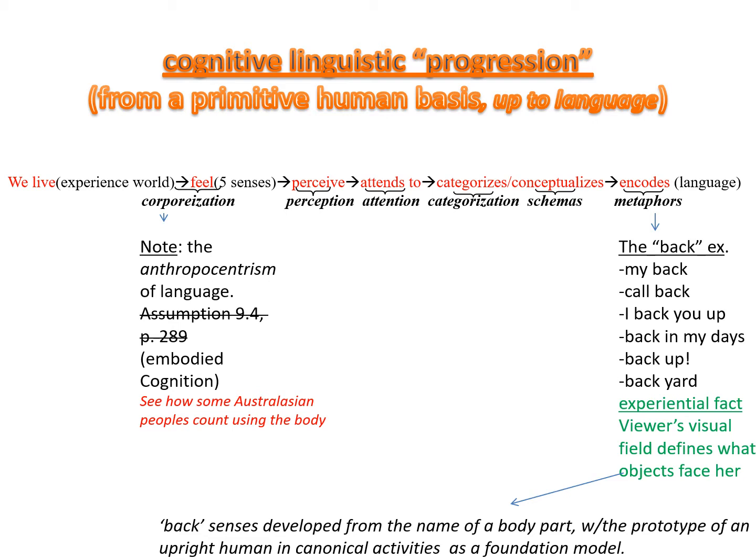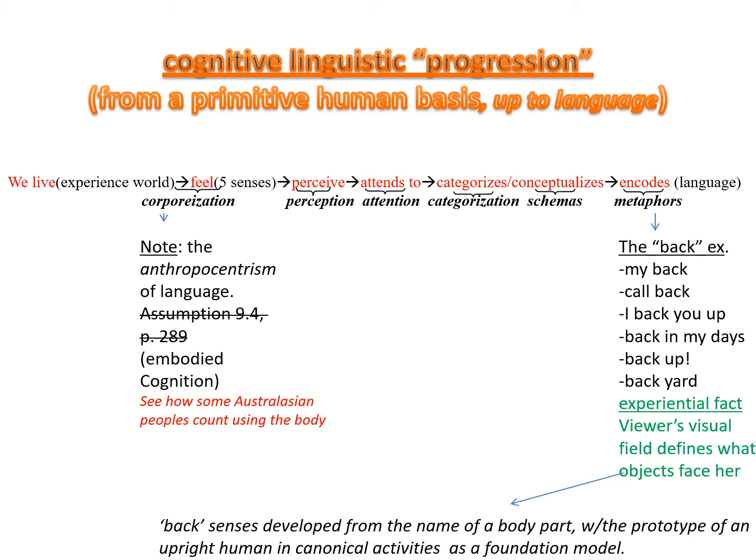And finally, that particular concept that has been categorized, now we're going to give it a name, a word, an expression, a morpheme in the language. When it gets to the language, we call that encoding. One of the things we use a lot for encoding is metaphors, especially for things that we hadn't seen before.